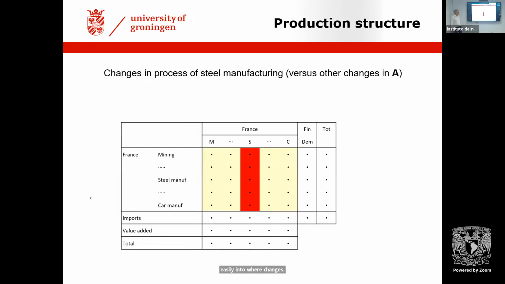So, for example, suppose you're French and you're interested in the consequences of all the changes in the production structure, in the production recipe of steel manufacturing. How much has that contributed to whatever it is? Well, in that case, here you are.